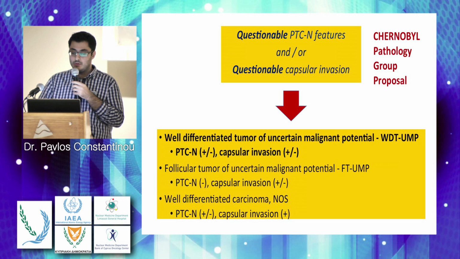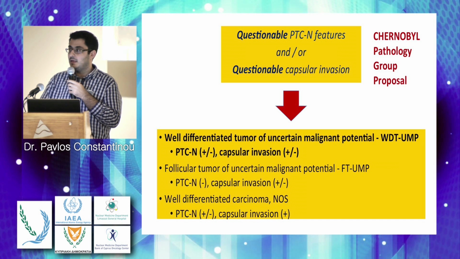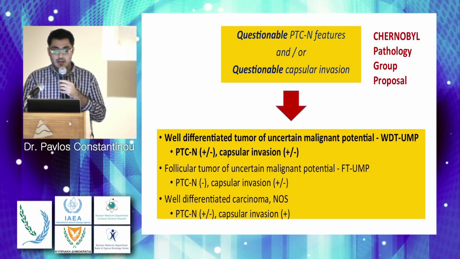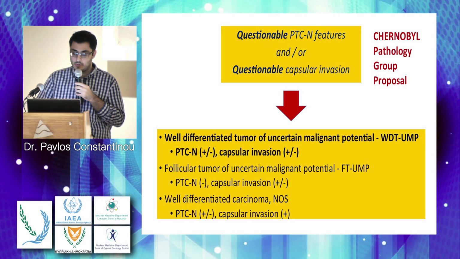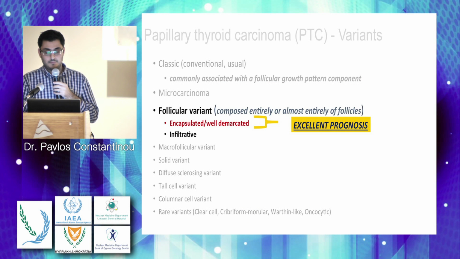The term follicular tumor of uncertain malignant potential can be made for cases with absence of nuclear features and questionable capsular invasion. And the diagnosis of a well-differentiated carcinoma, not otherwise specified into a papillary or a follicular type, can be made for cases with questionable nuclear features but an apparent capsular invasion.